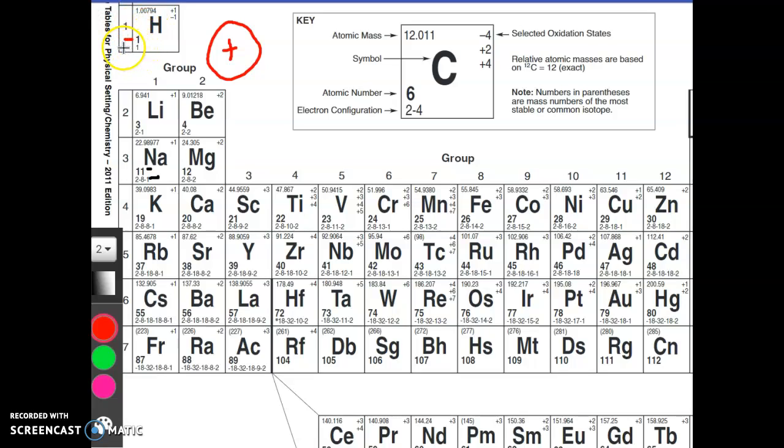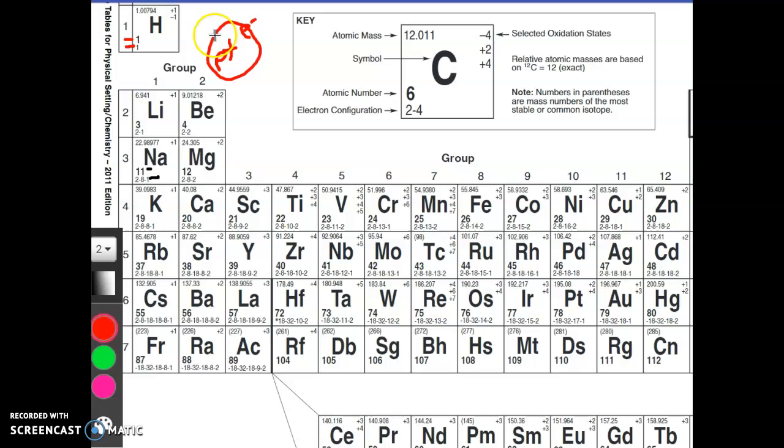And I have 1 electron, from the electron configuration, so I'm going to put a little e-. Right now we have a neutral atom. Every atom, as it is on the periodic table, is neutral. And hydrogen is also neutral because it has 1 positive proton and 1 negative electron.